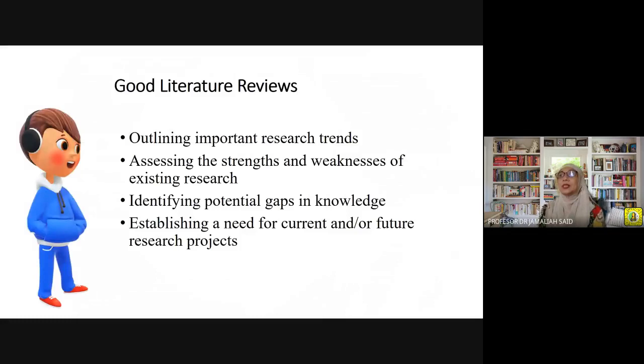So a good literature review should outline the important research trends. So you look at the trend. You're studying, again, integrity violation. You can say, the first study on integrity violation started in, I don't know, say 1950. In 1950, most studies on integrity violation focused on banking sectors in the US.